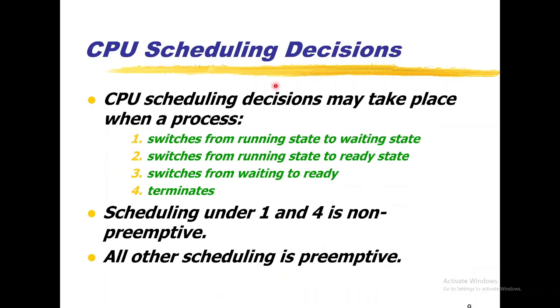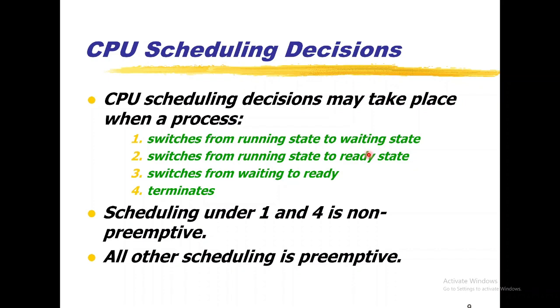Now let's look at CPU scheduling decisions. CPU scheduling decisions may take place when a process switches from running state to waiting state, or from running state to ready state, or from waiting to ready, or when it terminates. In the previous lecture, we saw the different states a process can be in.